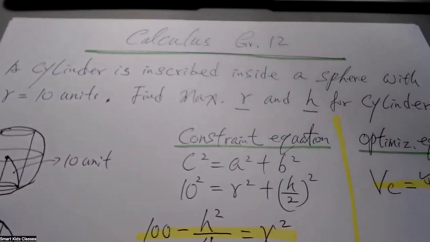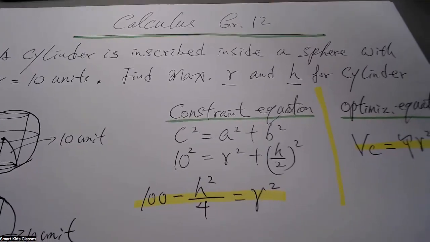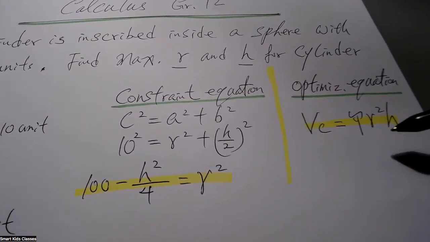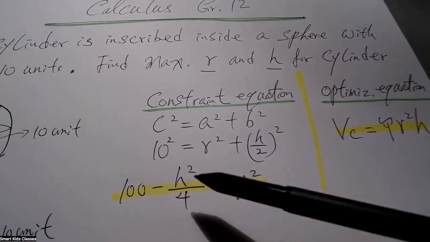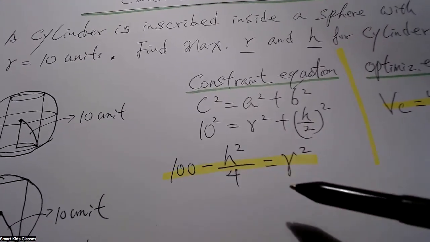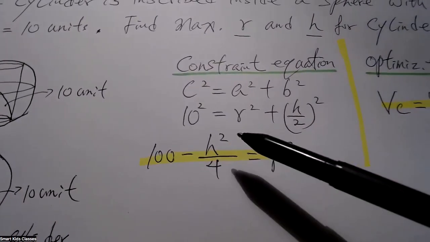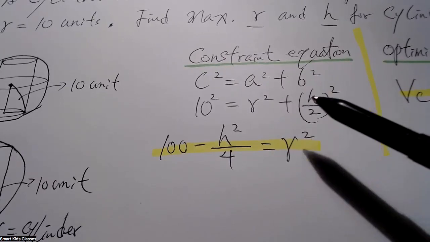For this kind of derivative question, we always take one constraint equation and one optimization equation. The constraint equation applies the known unit to write the equation. So we apply the Pythagorean theorem: c squared equals a squared plus b squared.